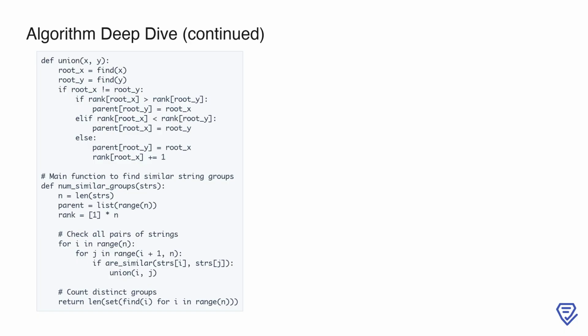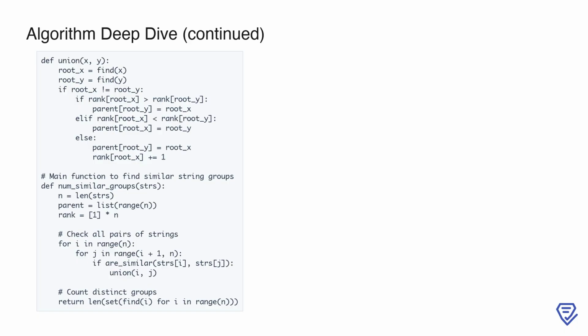With these helper functions in place, the main num_similar_groups function begins by initializing the parent and rank arrays for all strings. Then, it iterates through all pairs of strings. For each pair, if the is_similar function returns true, a union operation is performed to group them. Finally, the function counts the number of distinct groups by finding the unique roots across all strings.